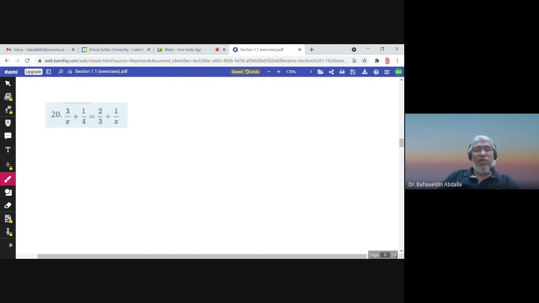Another equation, let us find the LCD since we have denominators. 3, 4, nothing in common between them, and also x. These are all the things in the denominator, variables and numbers.